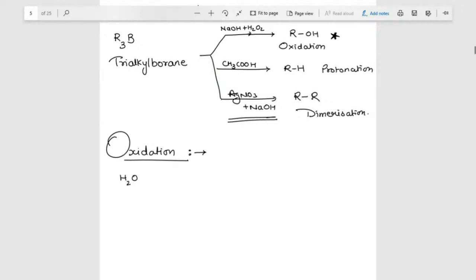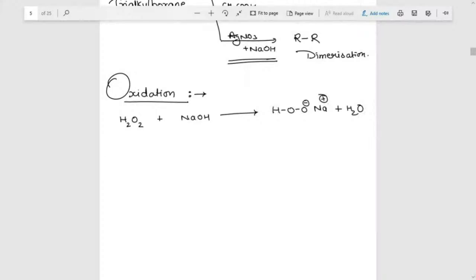First of all, H2O2 being an acid and NaOH being a base, certainly the first reaction is going to be formation of such salts. Now these salts, you can see, can act as a Lewis base. O minus is there.